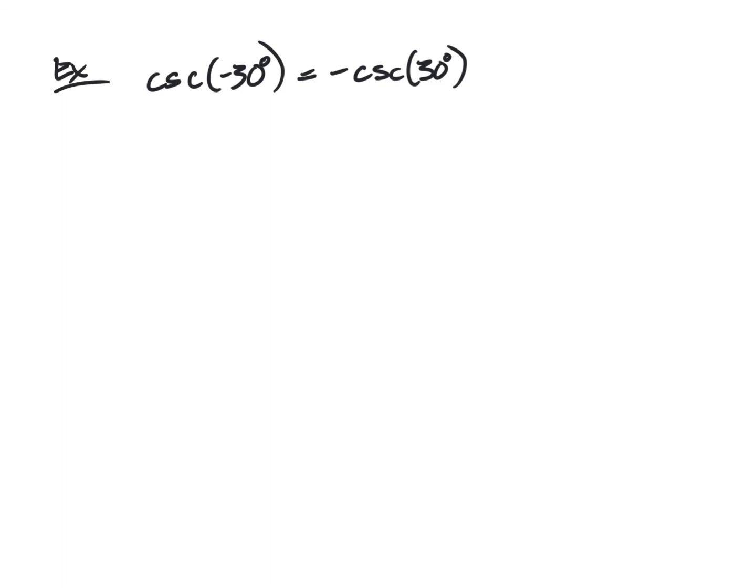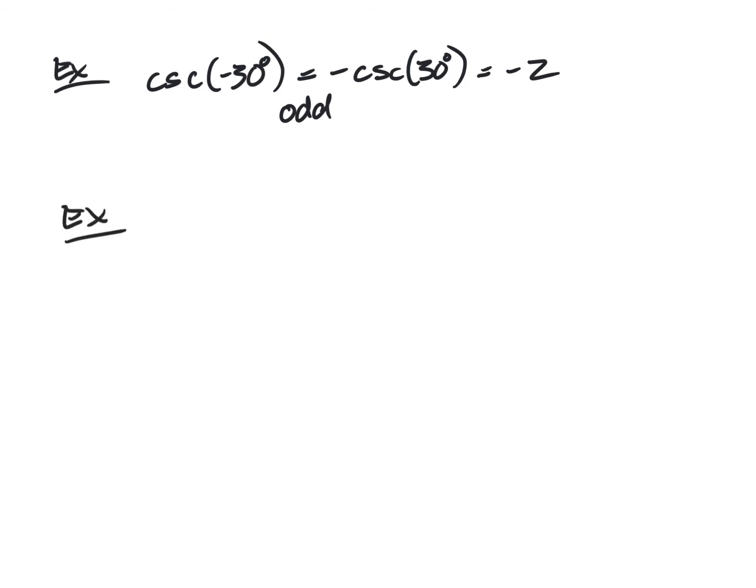Now you can refer to your trig table to find out what cosecant of 30 is, and you would get cosecant of 30 is 2. So cosecant of negative 30, because this is odd, is negative 2.